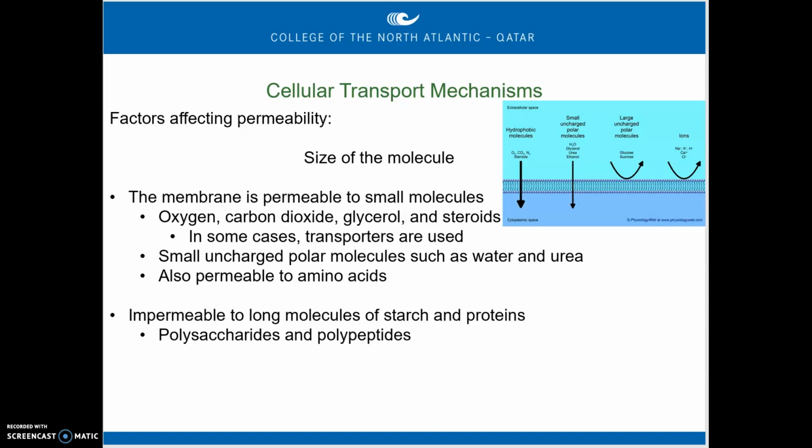The next factor is going to be the size of the molecule. Generally, the smaller the molecule is, the easier it is to pass through a plasma membrane. Once we get into really big molecules like polysaccharides, polypeptides, and proteins, these molecules are quite large and it's very difficult for them to pass through.